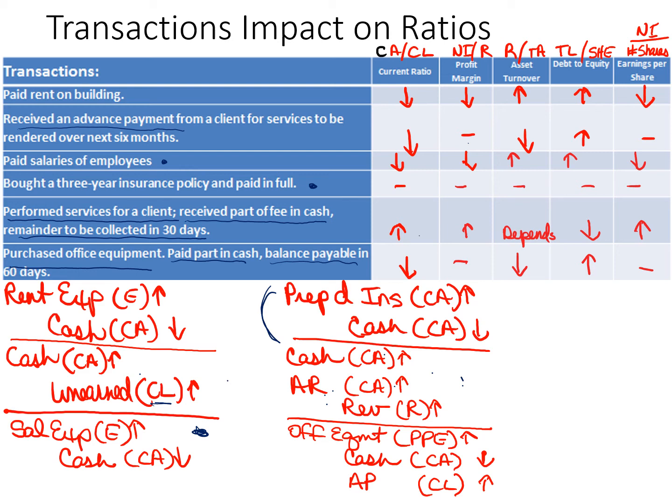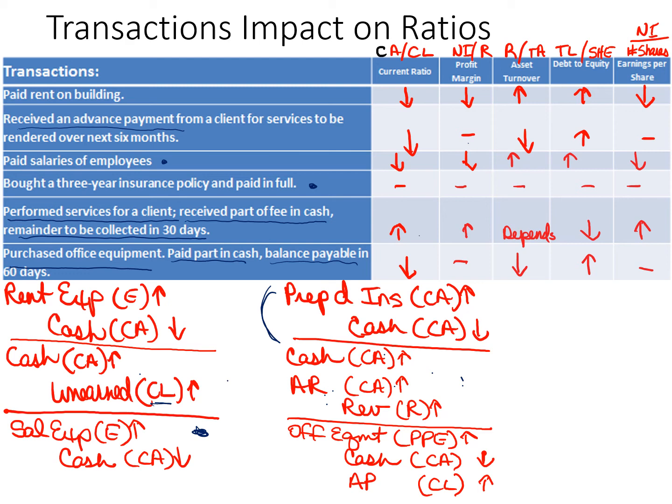If I look at debt to equity, I see that my current liabilities are increasing, so my numerator is getting larger, so my debt to equity will increase. And earnings per share, since nothing has to do with the income statement, it has no impact.